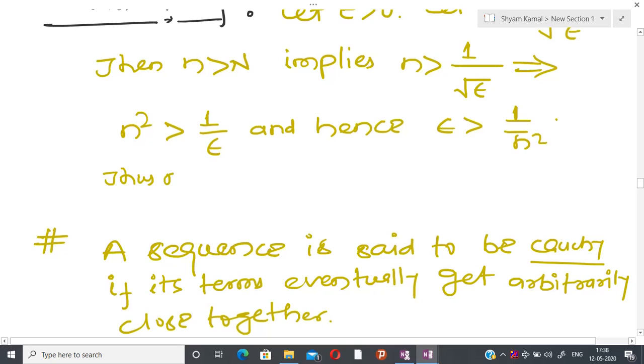Thus n greater than N implies 1 by n square minus 0 is less than epsilon.